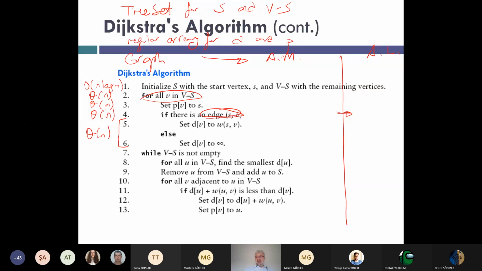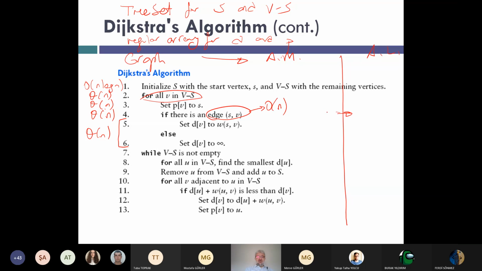Right now, what about line 4 for adjacency list? In adjacency list, we check whether there is an edge or not from S. S has some linked list, right? We check whether V is in this linked list or not. And since this linked list may have at most n vertices, the running time of each iteration of this line, checking whether there is an edge or not, will take O(n) time.